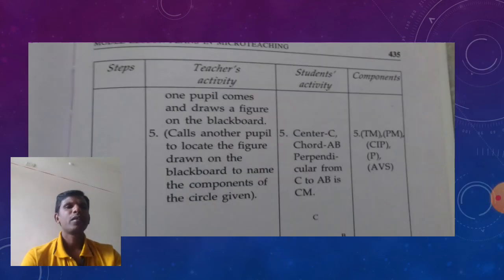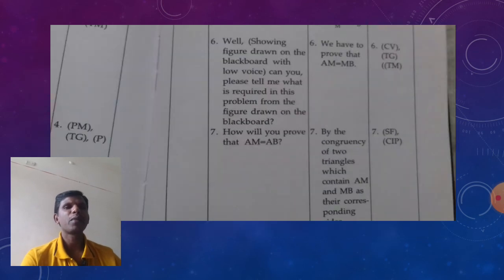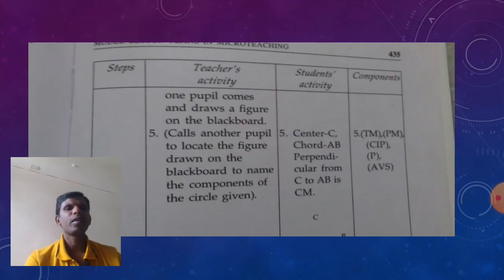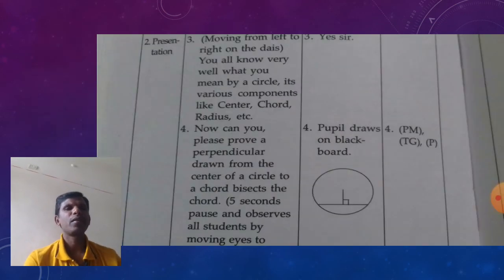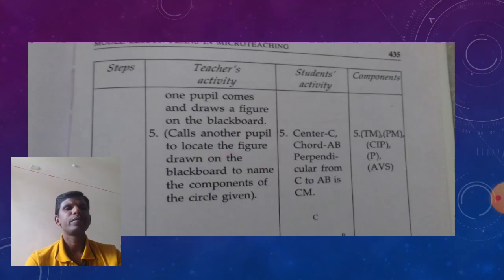Then after drawing on the board, one pupil comes and draws the figure on the blackboard. Then she calls another pupil to locate the figure drawn on the blackboard and name the components of the circle.